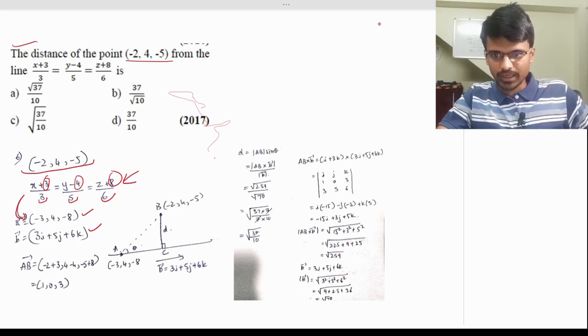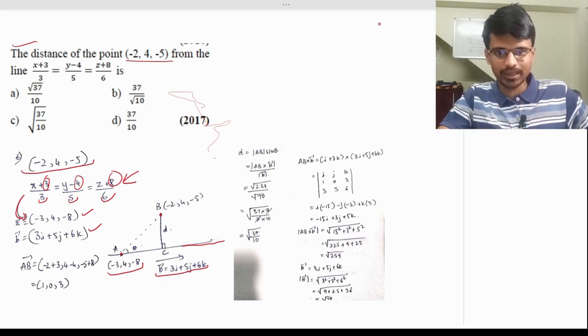This is our line, this is our parallel vector, this is the point through which the line passes. And let us call this point B, minus 2 comma 4 comma minus 5, and let D be the distance. We need to find this distance D.